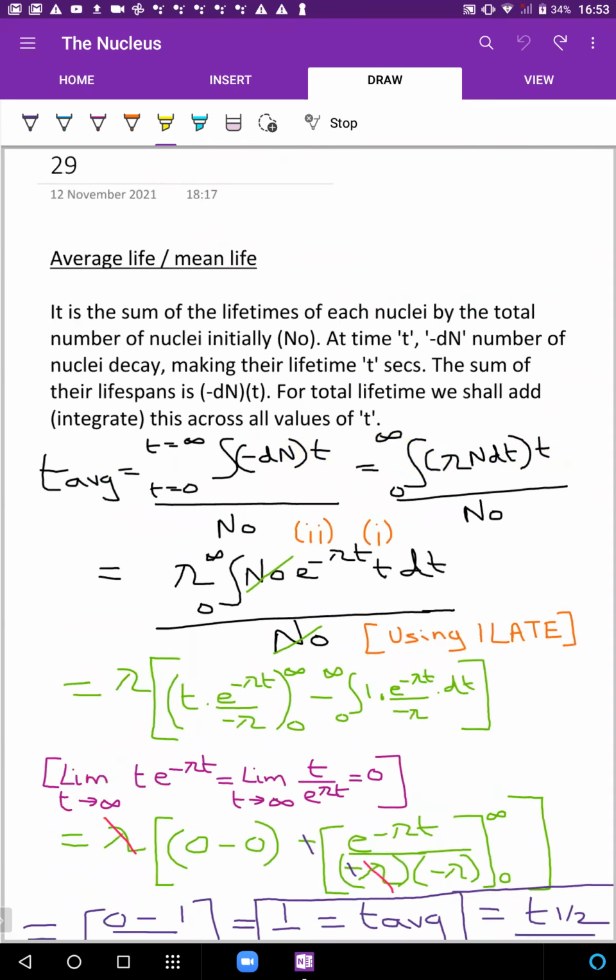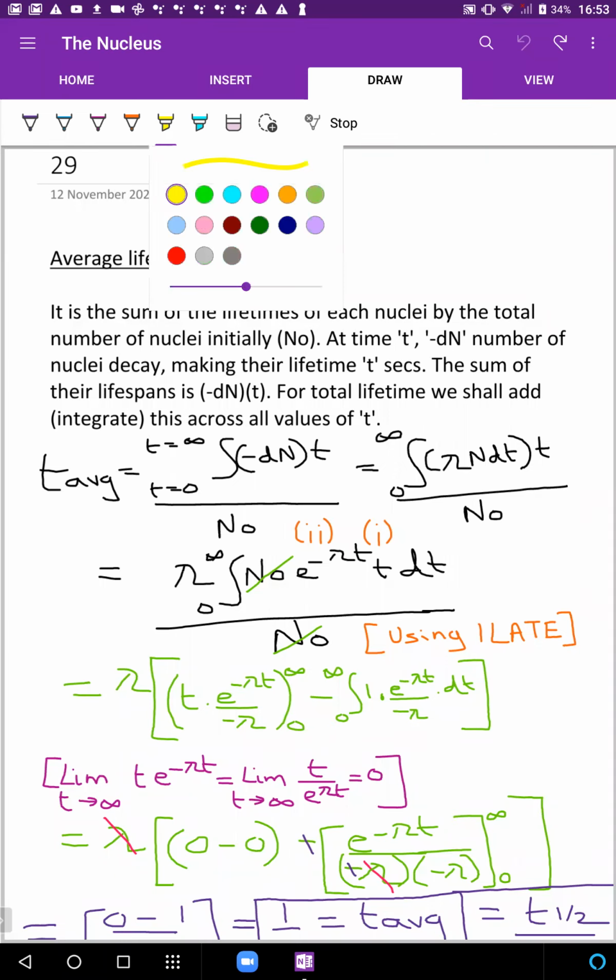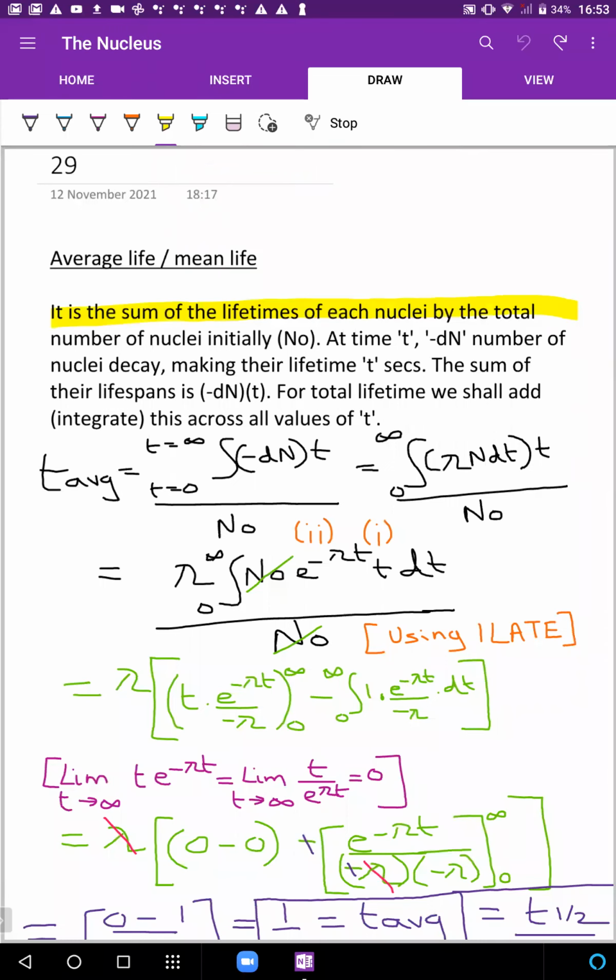So average life का देखो मतलब क्या होता है देखो. So average life is the sum of the lifetimes of each nuclei divided by the total number of nuclei initially. Okay, sum of the lifetimes, life lengths of each nuclei divided by total number of nuclei initially. Imagine there is a class of many students, okay?